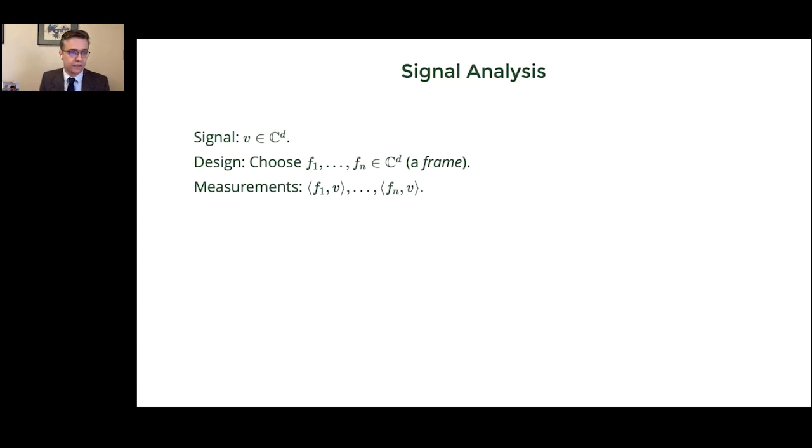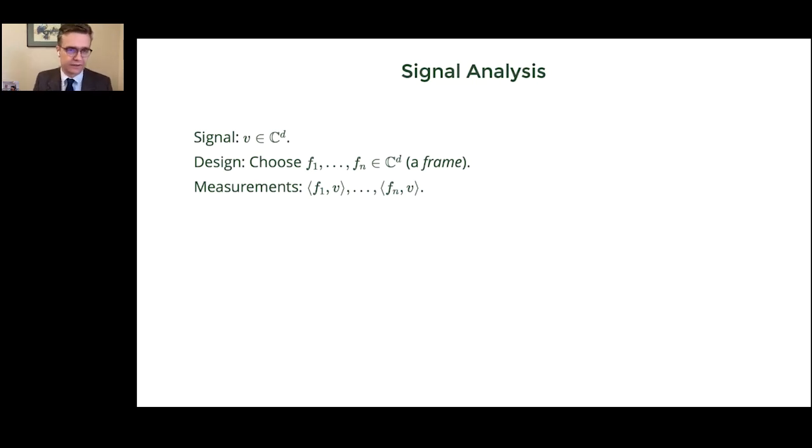What you get to do as the designer of the system is to choose a bunch of vectors, which we call a frame, and then think of these as detectors. And so the measurements you actually get out of the system are the dot products of your chosen vectors with this unknown signal vector. Again, maybe the signal's like an image, and your frame vectors are wavelets or something like that. But in any case, this is the setup.